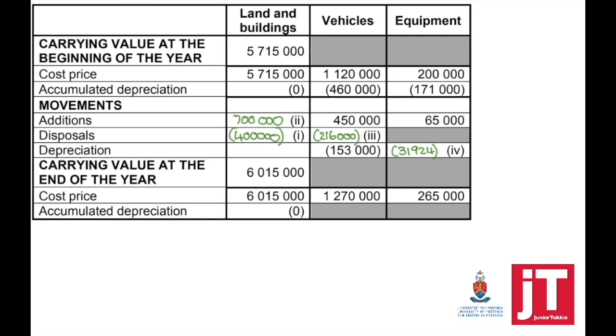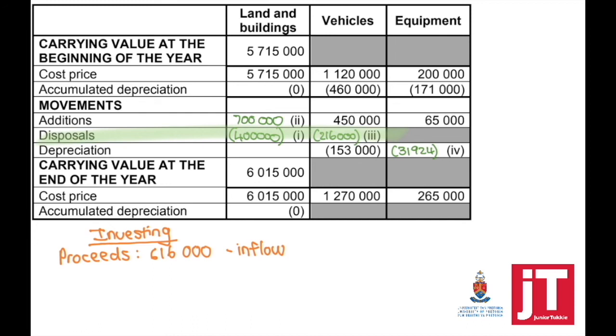If we start with the disposal, that will be the proceeds from the sale of assets. To find out the total inflow of cash, we will need to add the land and buildings plus the vehicles, and that will be the total proceeds.